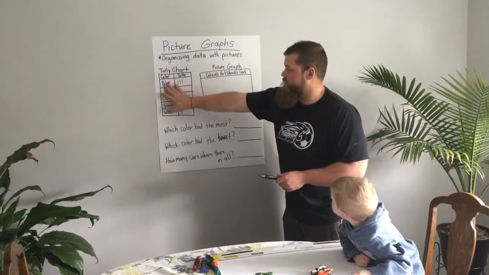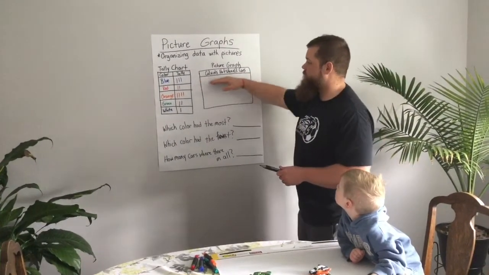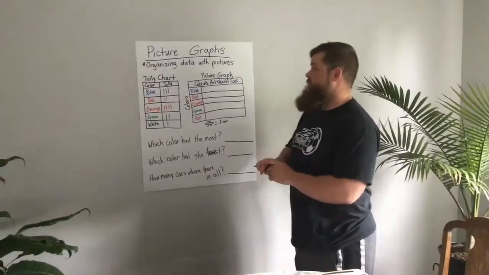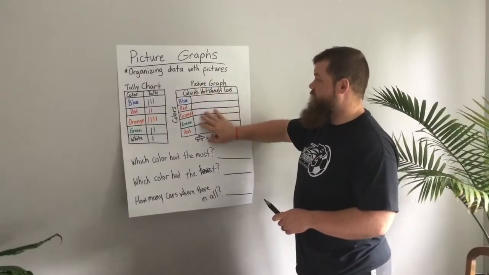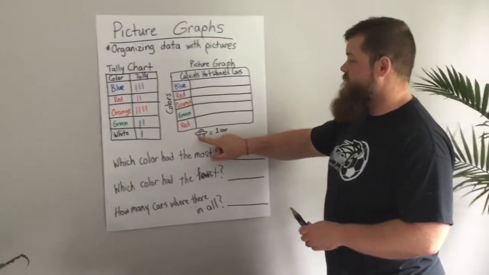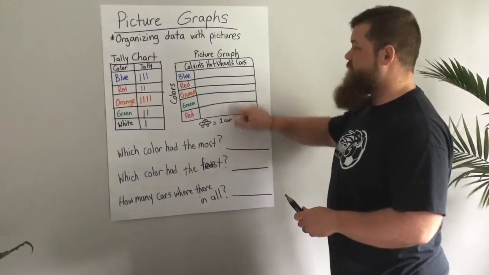Then, just like over here, I'm going to make rows that go across. The picture graphs usually go across like this. So I'm going to make just as many rows. So what I did was I created an area to graph, and each car, this is my key down here, each car picture equals 1 car that I counted in my graph.